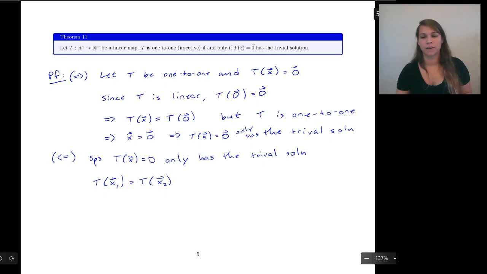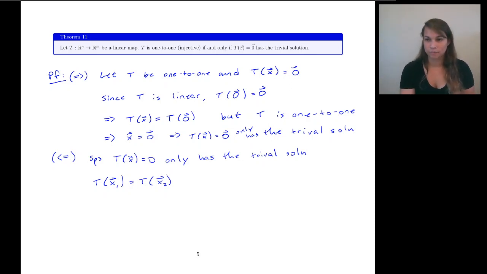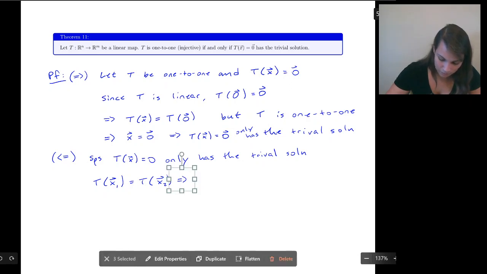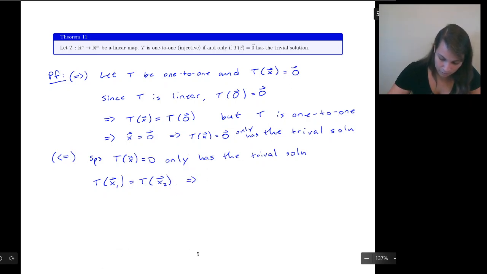So here we go. We've got two input vectors, and their outputs are the same. If we can use the fact that there's only the trivial solution to get that they're equal, then we have one-to-one. We want x1 and x2 to be equal to each other. We're going to have to somehow get there. And I'm going to tell you we can get there by using some properties of being linear.